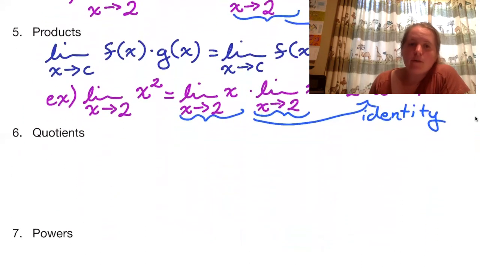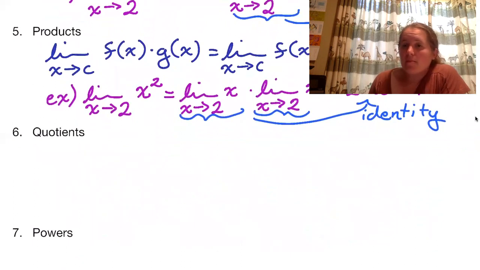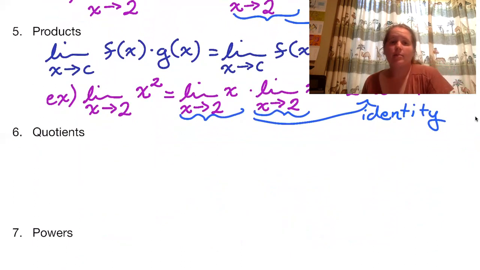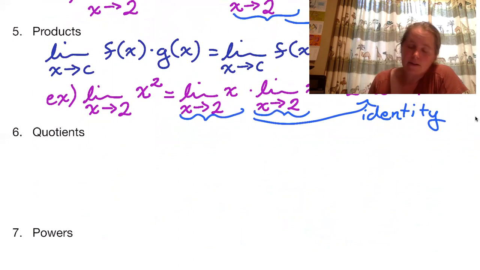Next up, we have quotients. Just like our limits split across multiplication, they also split across division as long as the denominator is not going to 0.